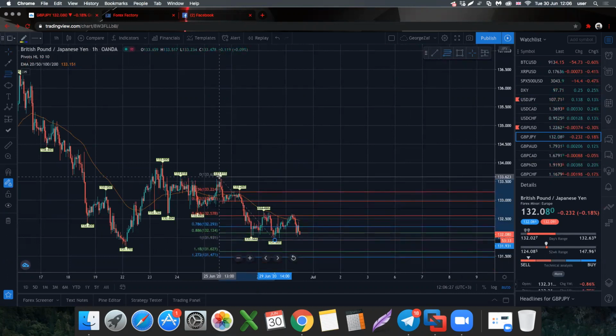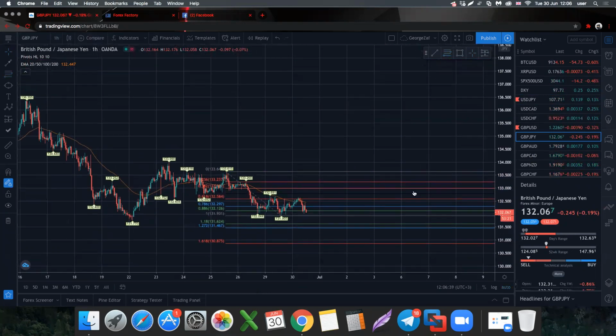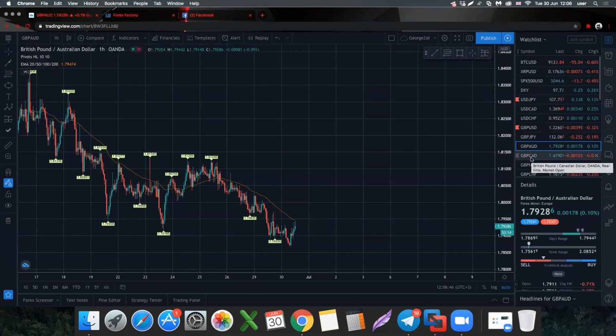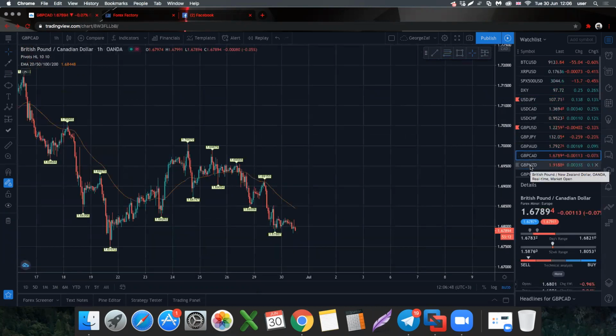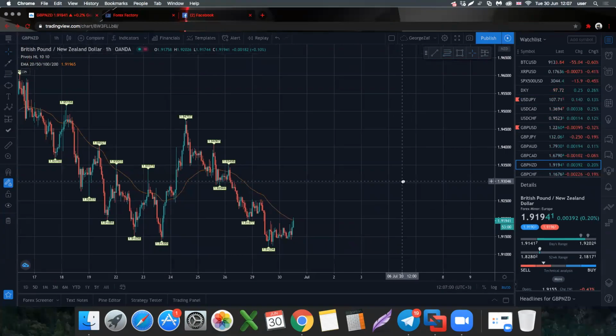Look at this. 100% pulls back to 61.8 level, and also the EMA, and it will definitely go lower. GBP Canadian dollar, I think it will, again, go even lower because of the Canadian dollar news coming up.